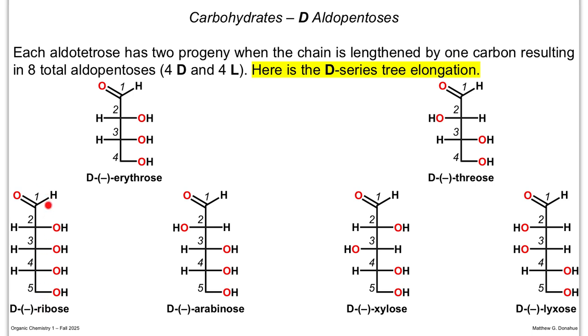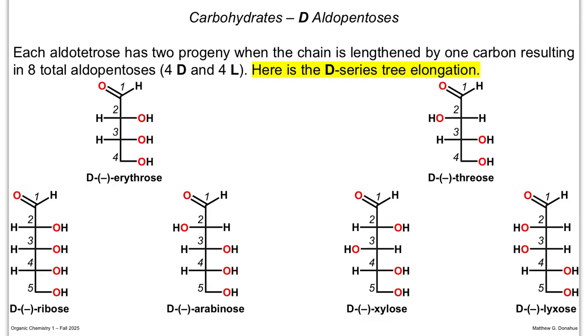So the Fisher projection looks at the acyclic molecules, but remember I said as this backbone gets longer, these carbons start to close in on one another, and the vertical line is not a good representation of reality.